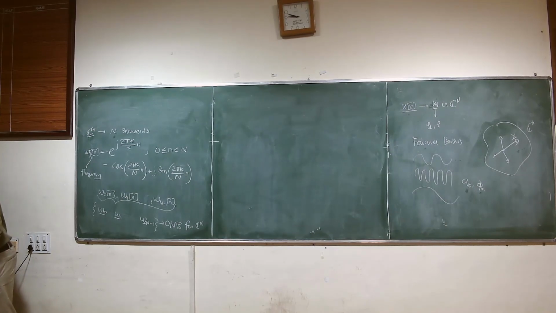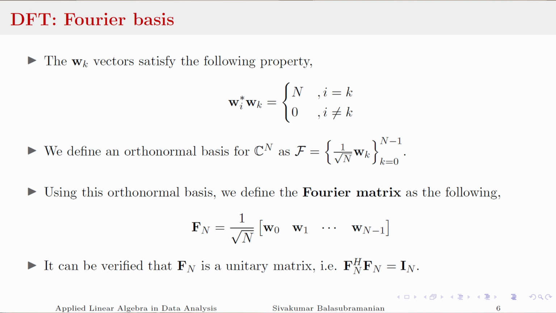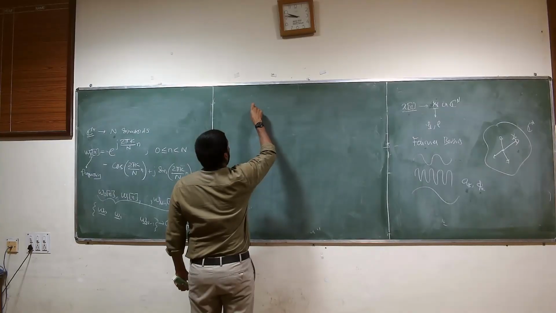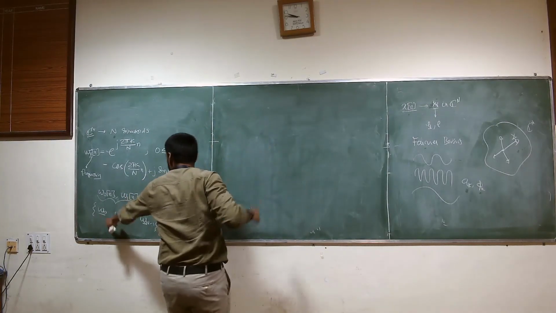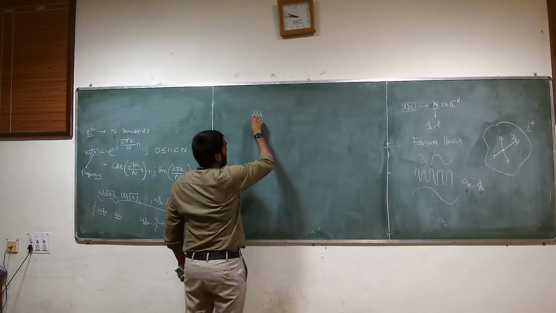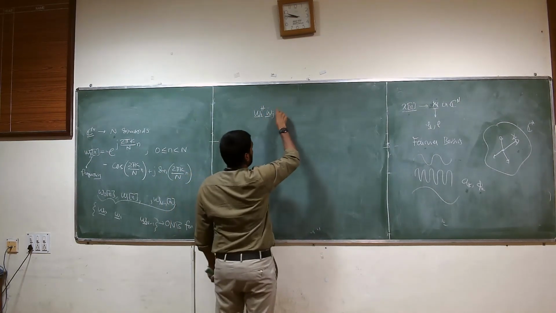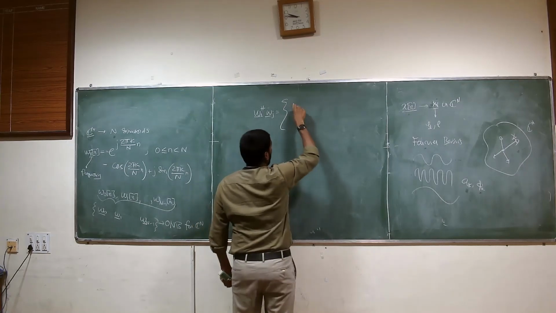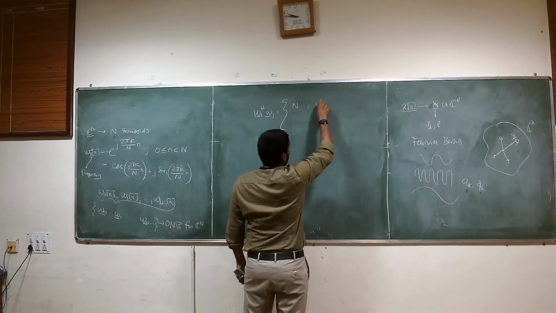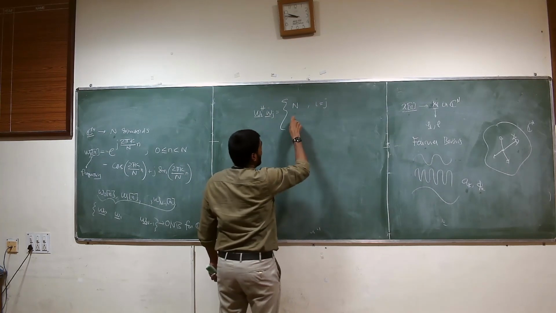We will not go through the details. It looks like I've used the star here for the complex conjugate, for the Hermitian operation. If you take any of these, w_i, take the Hermitian, w_j, it turns out this will be equal to capital N when i is equal to j, and it will be equal to 0 otherwise.